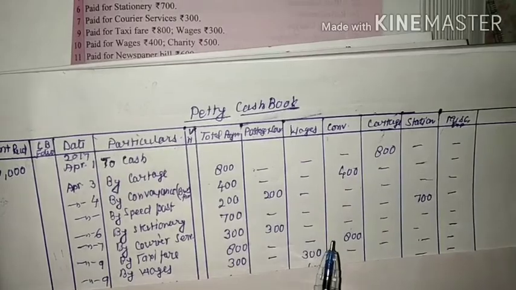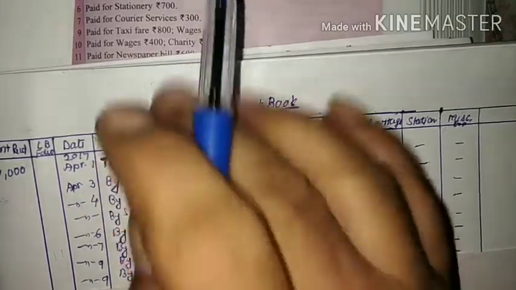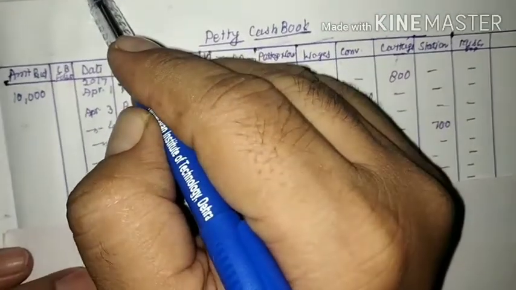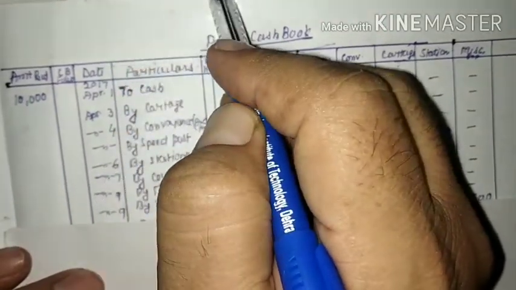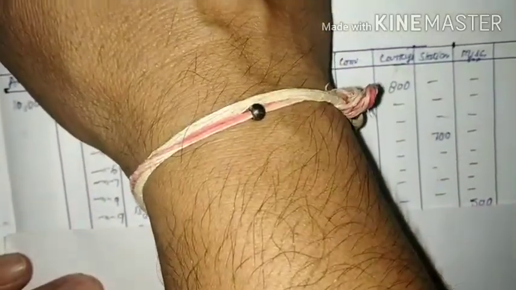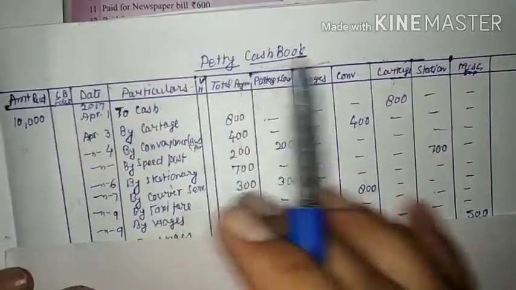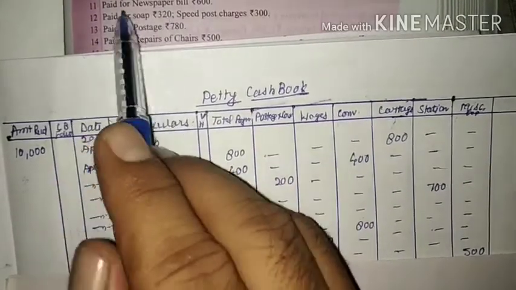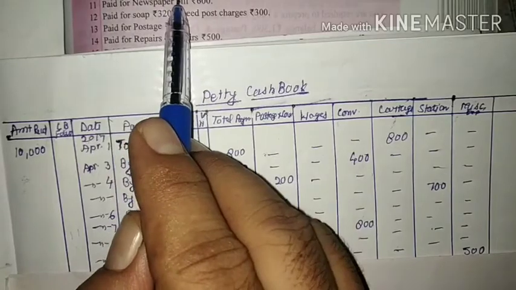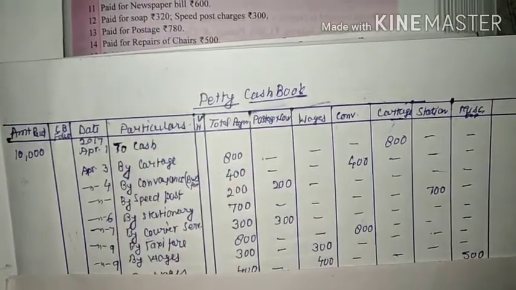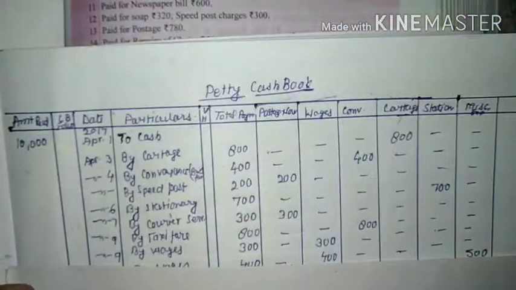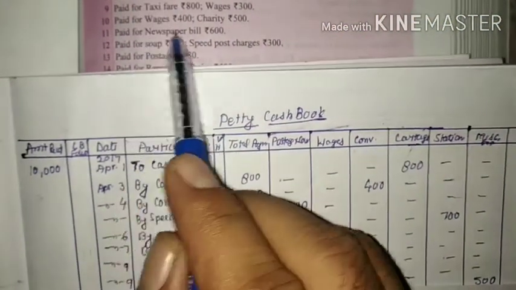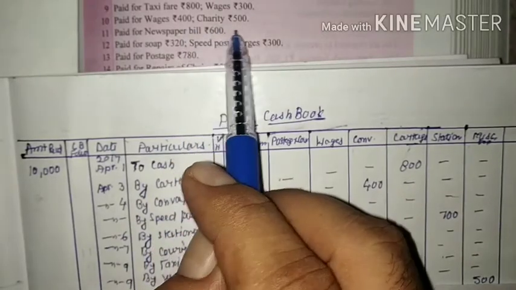Then comes the next one. After 9th, there is the entry: paid for wages 400 and charity 500.